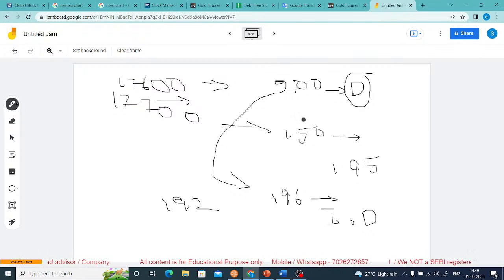When you see both, it's 200 and 150 with a 30% stop loss based on your risk profile. The minimum is 30 percent, and if you're a high risk taker, you can put it at 40% also, or else you can bring it down also.